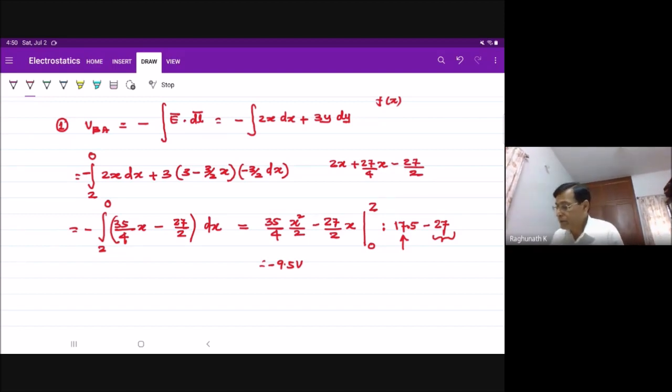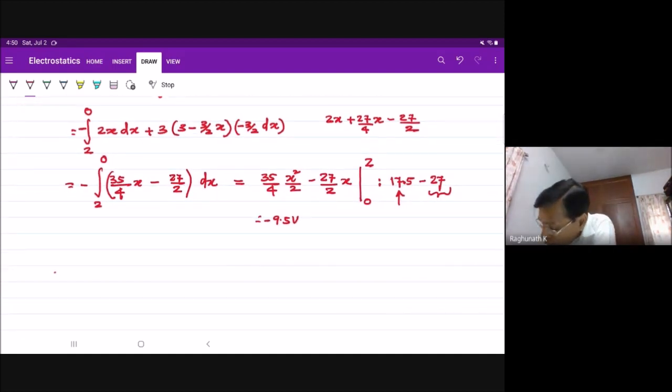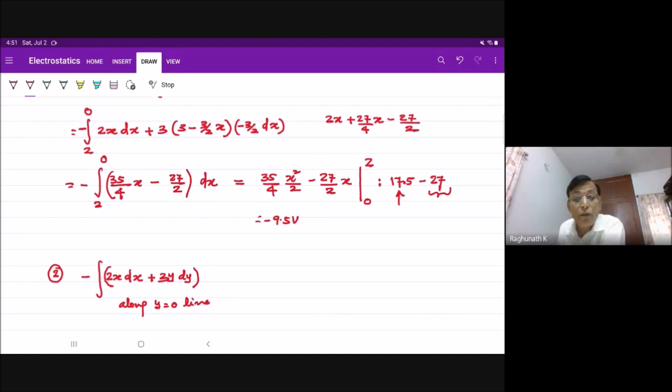For path 1. For path 2, it is integral minus 2x dx plus 3y dy along the y equal to 0 line from x equal to 2 to 0.